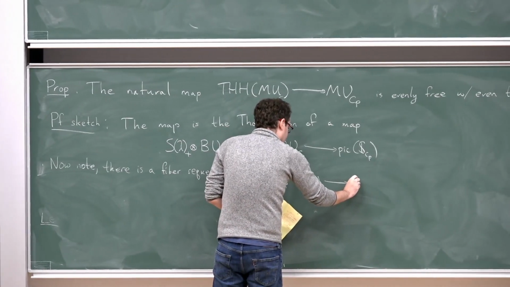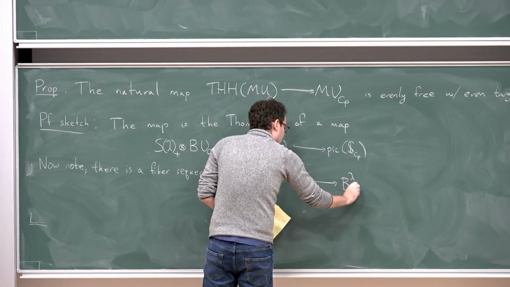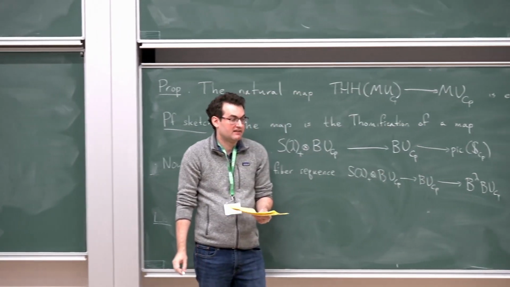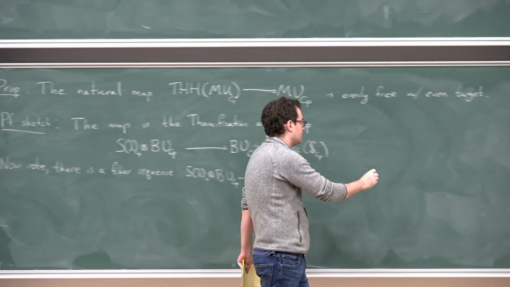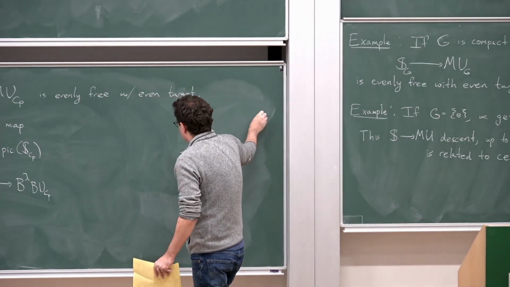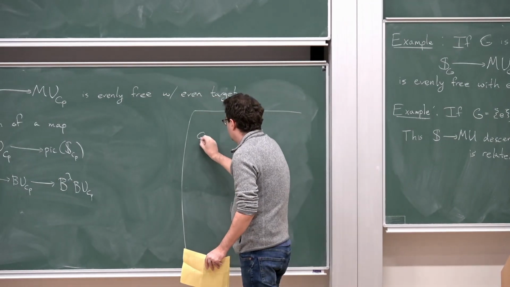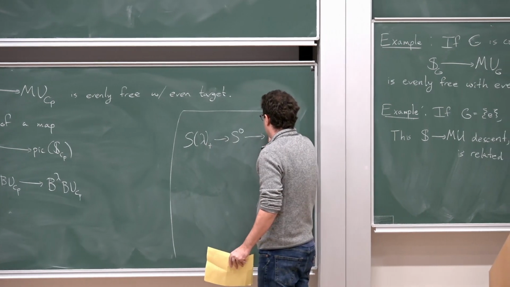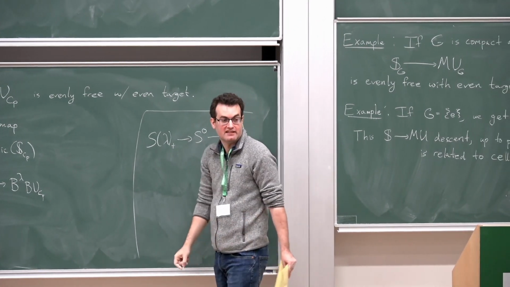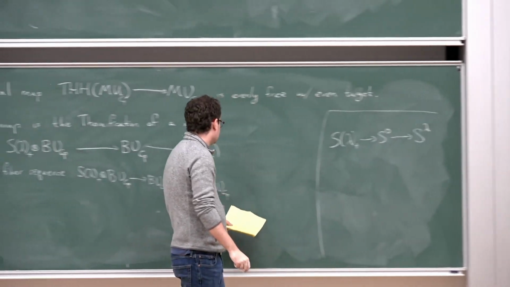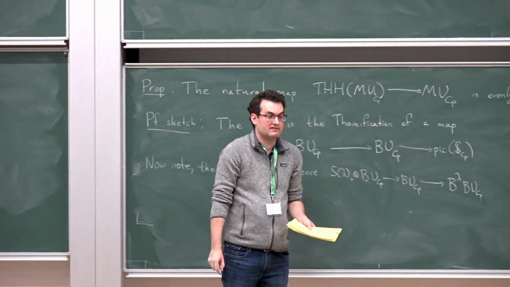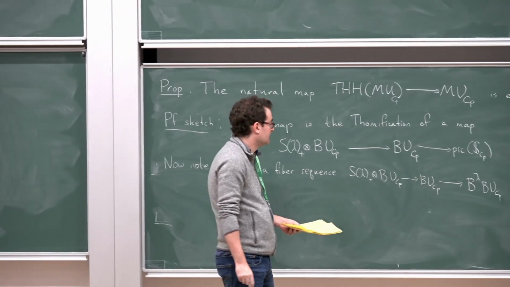And then the cofiber is B lambda BUCP, the lambda delooping of this infinite loop space. And this just comes from the cofiber sequence that Marcus wrote. I like to denote it like this. So I'm tensoring that with some spectrum and then taking loops infinity and getting a fiber sequence of infinite loop spaces.